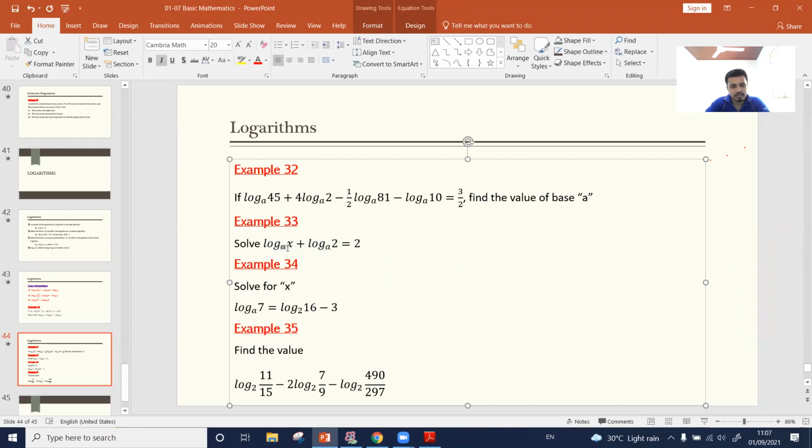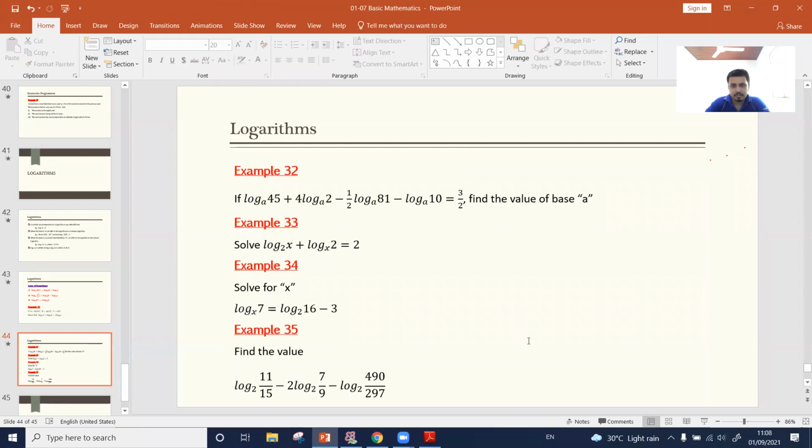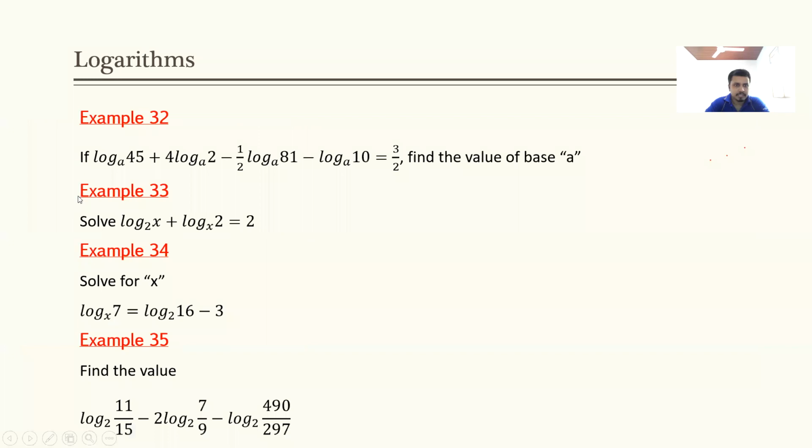X to the base 2 into 2 to the base x. And here also we need to find the value of x. It should be x here. On the PPT which I have uploaded, please make these things correct. Example number 33 and example number 34.